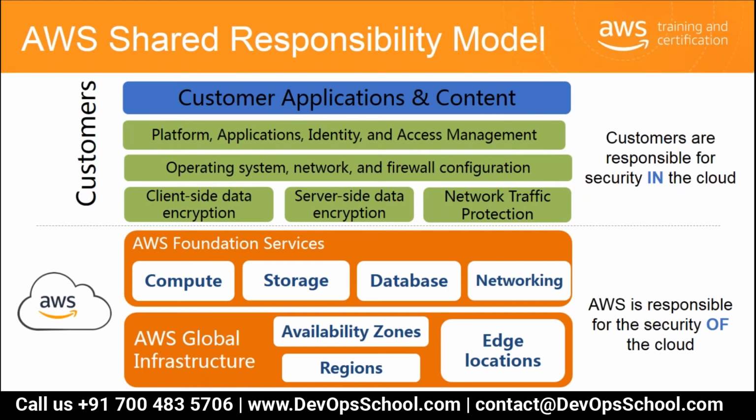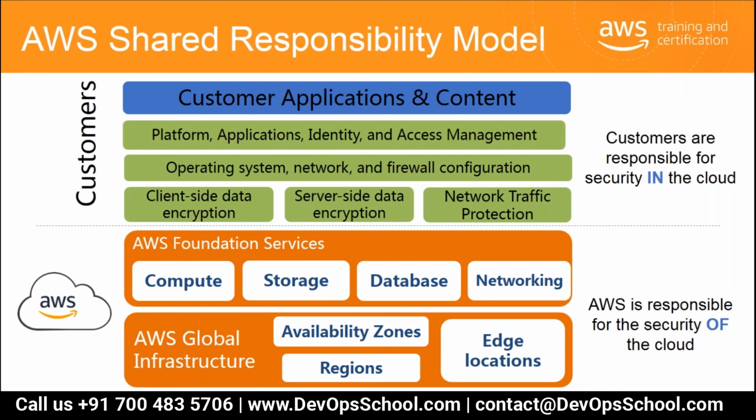This image shows the responsibility at a high level, as to what falls under AWS responsibility and what is the consumer's responsibility. The AWS responsibility goes from the ground up. At the hypervisor level and the global infrastructure level, AWS secures the hardware, software, facilities, and the networks which run all the products and services.